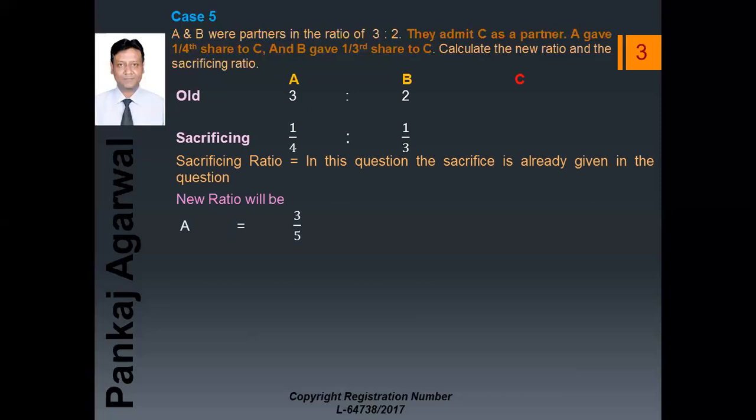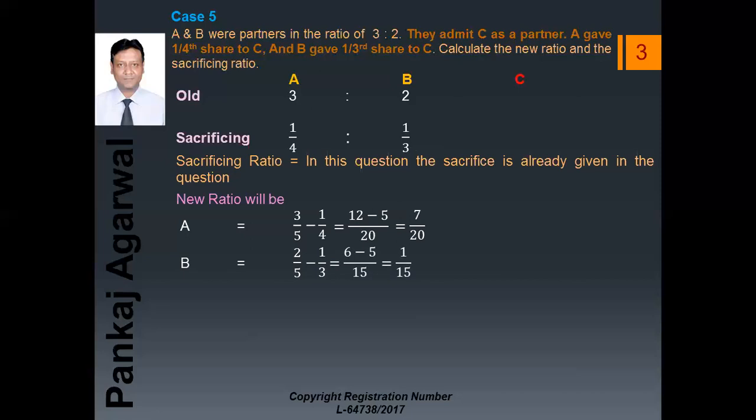Now we will deduct 1/4 from 3/5 and we will get 7/20. Next, B's old ratio is 2/5, that is 2 upon 5, that is 3 plus 2. We will deduct this 1/3 from his old ratio and we will get the new ratio of B.